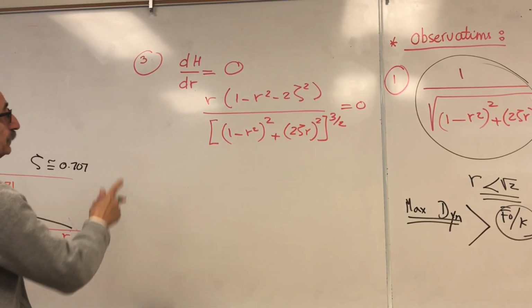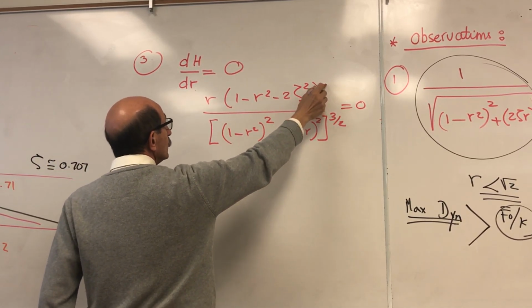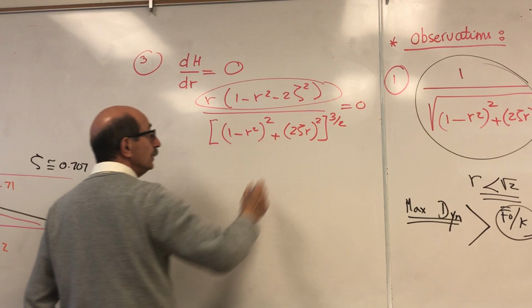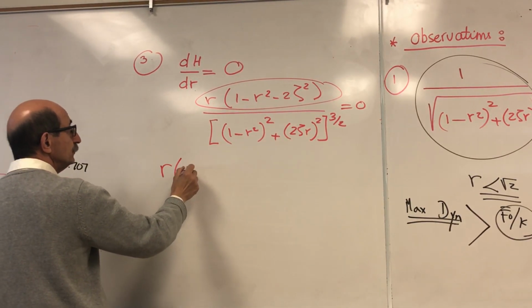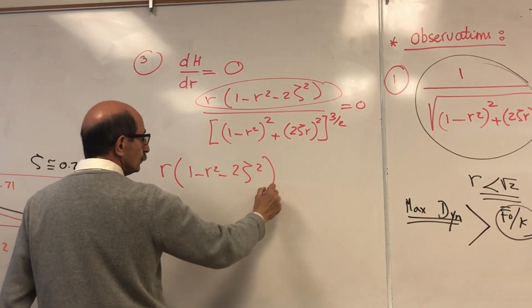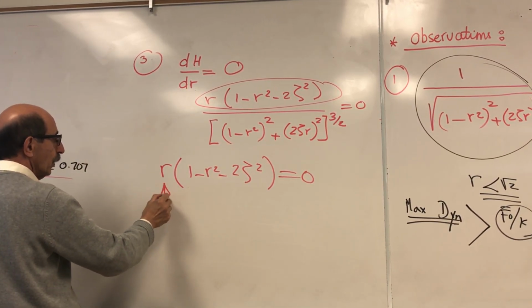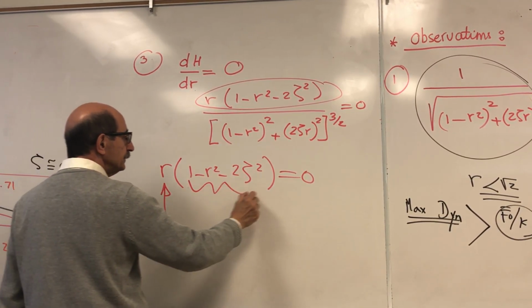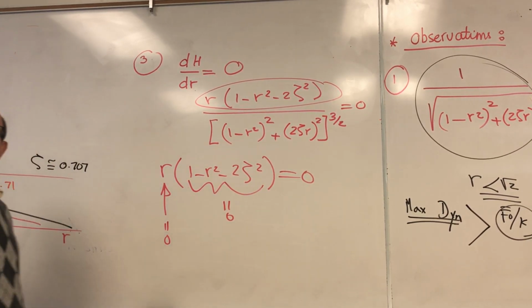Okay. So this will be 0. This can be 0 when the numerator is 0. The numerator is 0 means 1 minus 2 zeta squared is 0. Either when r is 0 or this is 0, right? So you have two possibilities for this to be maximum, okay?